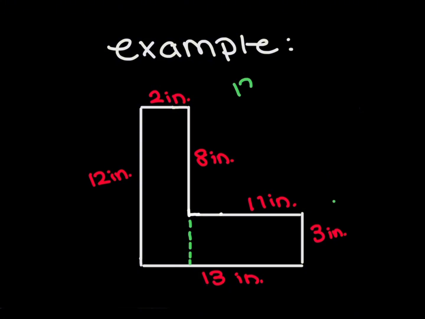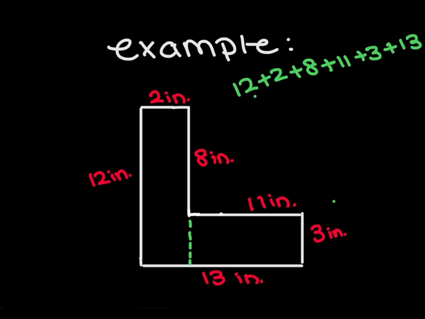So we do 12 plus 2 plus 8 plus 11 plus 3 plus 13. And that is because the perimeter, we can imagine it as a string around the object. And a string would go this way that I'm drawing with my cursor right here. So we don't include anything on the inside. And let's find the value of that.